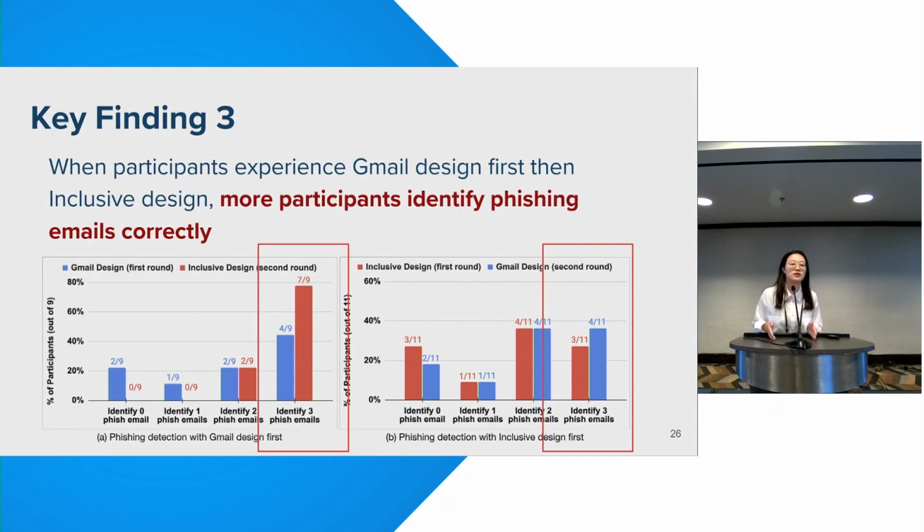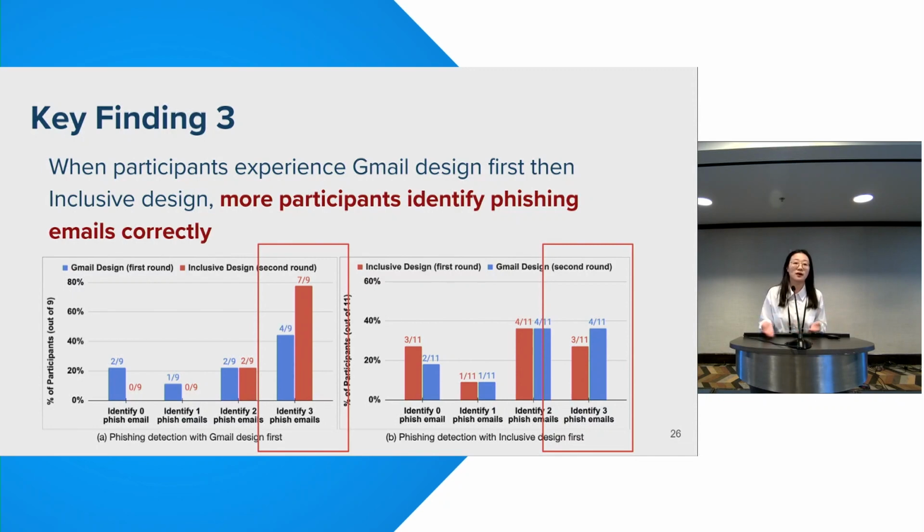For sure. So this is a graph of how many participants correctly identify the phishing emails. That could be influenced by a lot of factors, not only the noticeability of email warnings, but also their mental models, like how they perceive risks in the phishing email, and their technology background.